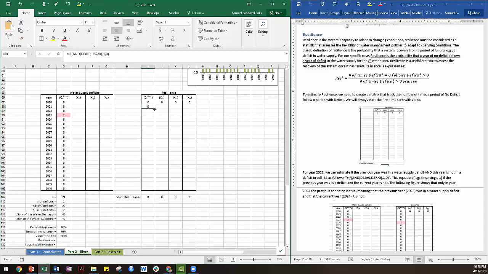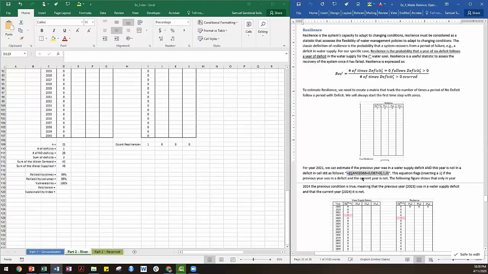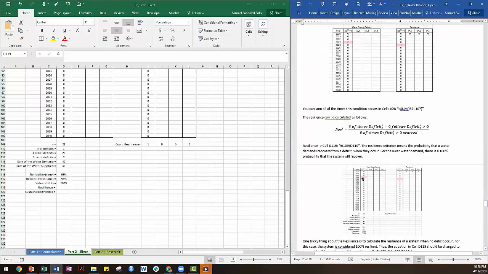So when you do that, as you can see here, basically on this year is when that condition applies. This is 0 and this was greater than 0. So this is the time when the system recovers. So we're going to be counting how many times the system recovered relative to the number of times that it was in a deficit. So that's how you can estimate it down here.